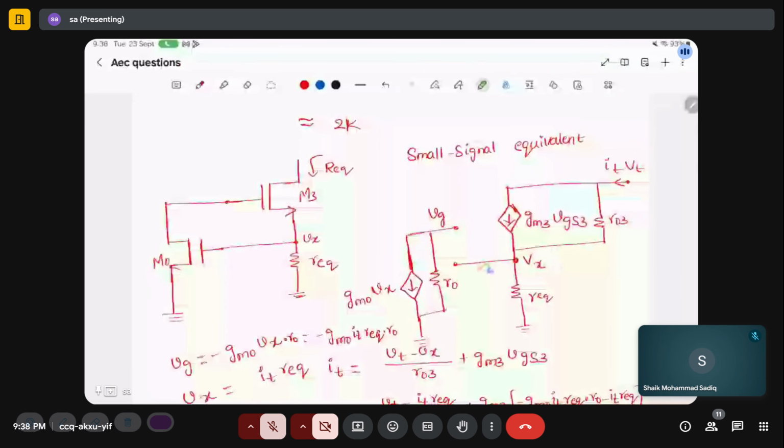The small signal Vx is nothing but VGS of M naught, and it is generating a current GM naught into Vx. This will generate node potential, which is nothing but minus GM Vx into R naught. And again, this will affect the VGS of this transistor. There is a feedback loop.